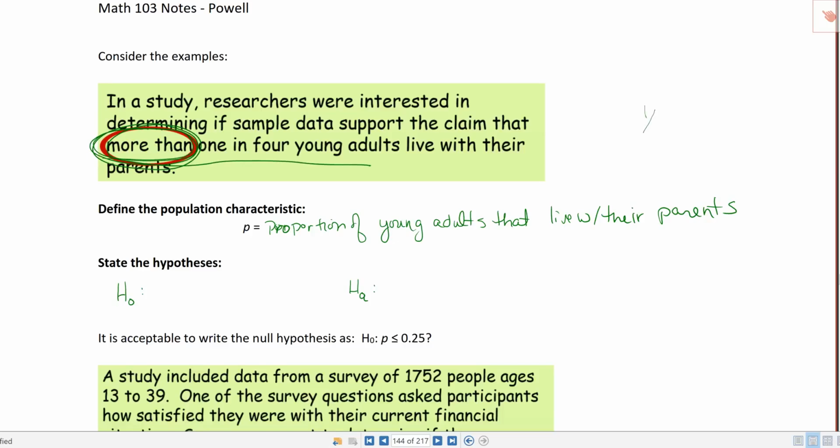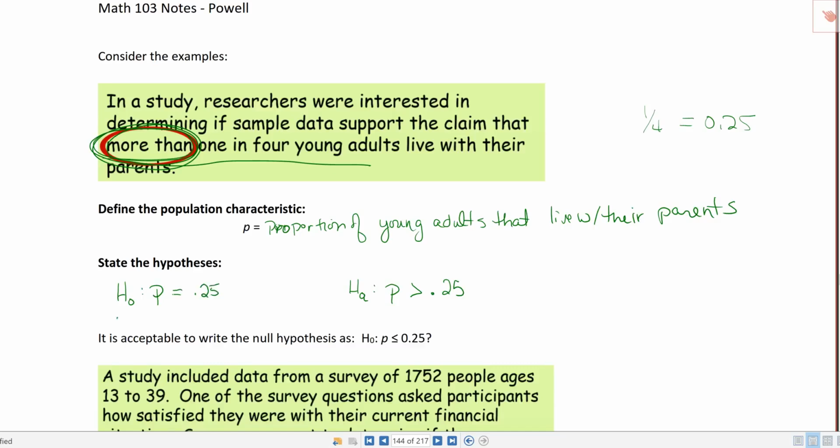Well, 1 out of 4 is 25%. So we would say that the alternative hypothesis is that the proportion of young adults that live with their parents is more than 0.25. The null hypothesis would be then that the proportion is equal to 0.25.